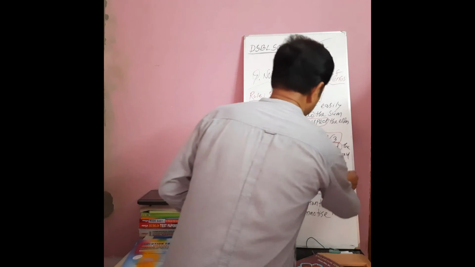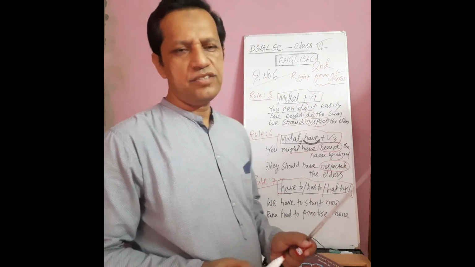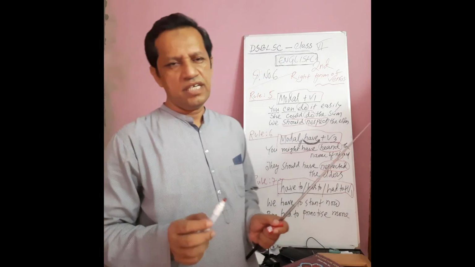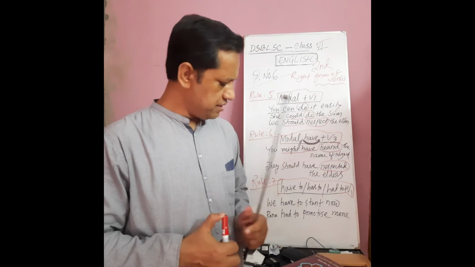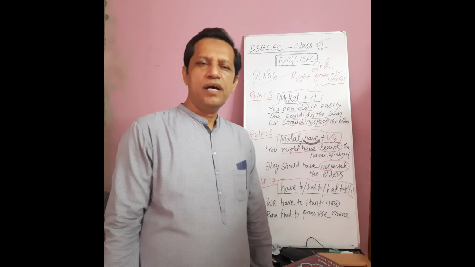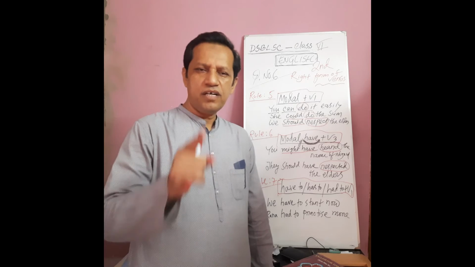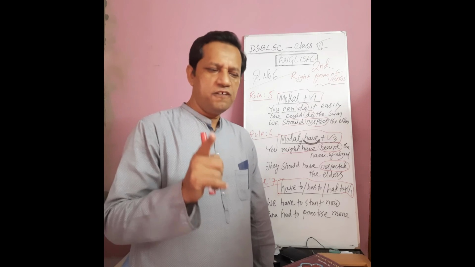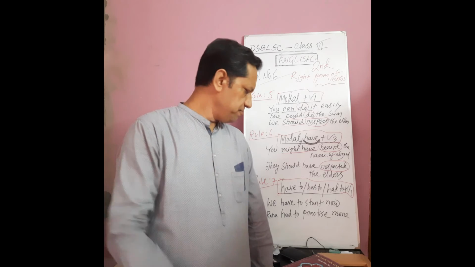Here respected is actually the V3 form of respect. So it is also clear to us all that if we get should have, could have, would have, might have after the subject, then the verb should be V3 form or past participle form of verbs.